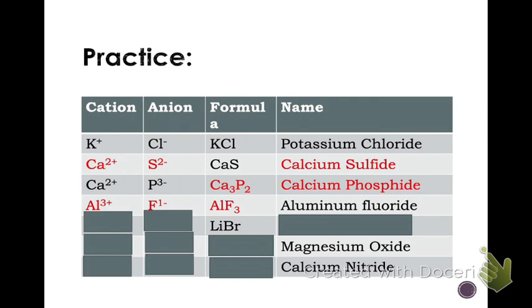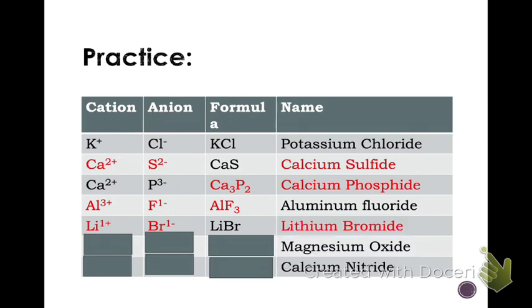Okay, the next one is lithium bromide, LiBr. It's made up of the lithium ion with a +1 charge, and the bromide ion with a -1 charge. Okay, so magnesium oxide is the next one.